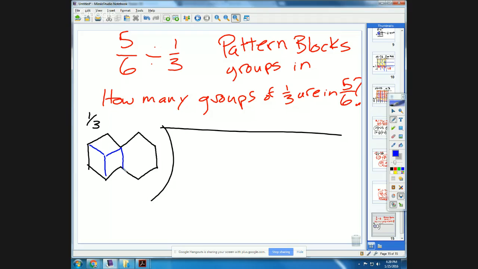So let me draw my rhombuses. Okay, so 1/3 would be that guy right there, right? Okay, so then I have to draw 5/6. So here's my whole. Rhombuses again, cut this into 6.